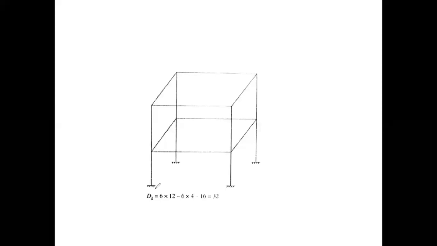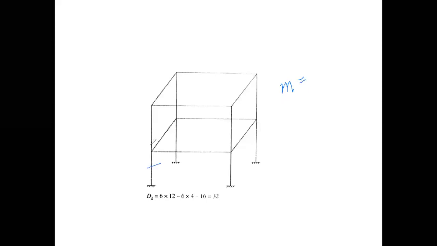Now in this case, first of all, we'll count the members. So total number of members over here are 1, 2, 3, 4, 5, 6, 7, 8, 9, 10, 11, 12, 13, 14, 15, and 16.